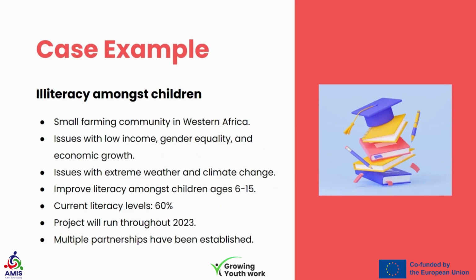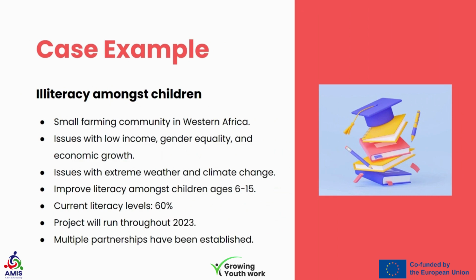In the community, few children regularly attend school as their parents are mostly farmers and need help at home. The area has issues with low income, poverty, gender inequality, and general economic growth. Furthermore, the area struggles with extreme and shifting weather patterns due to climate change, making the family's harvests more unpredictable.